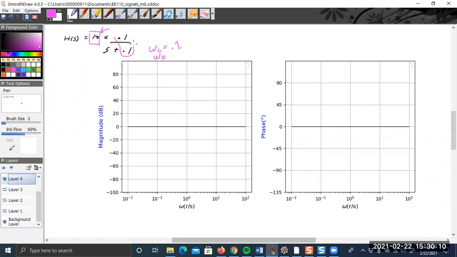And notice how these are the same. The numerator has no terms of S, and the denominator has one term to the first order. All right. And so this is a low pass filter.